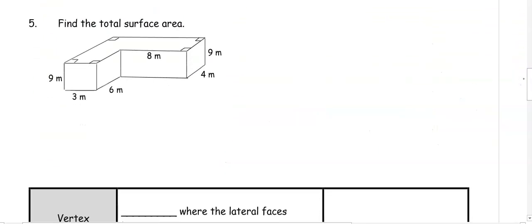In number 5, we have some rectangular prisms that were put together. So we can draw a line across to cut this into two rectangular prisms. If I want to find my surface area of them, I have two prisms. I have this one prism and I have this second prism in the back.